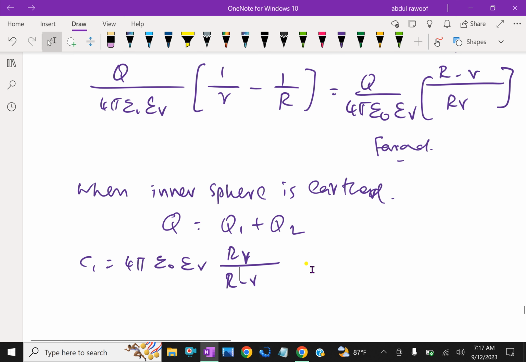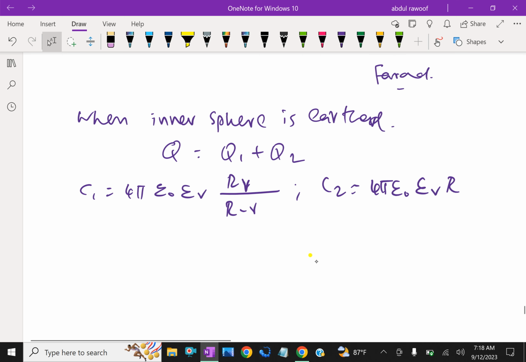Like C2, C2 is 4 pi epsilon 0 epsilon R into capital R. Then therefore the total capacitance is equal to C1 plus C2. We have to get C1 and C2, then apply the sum.